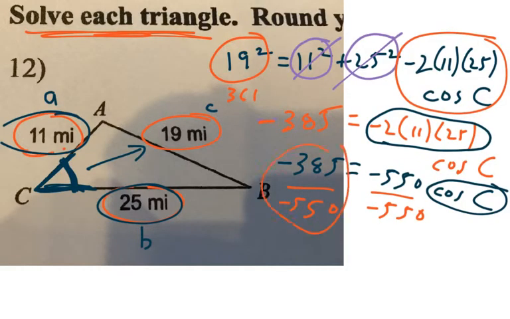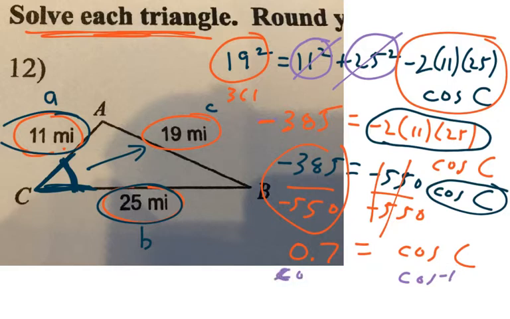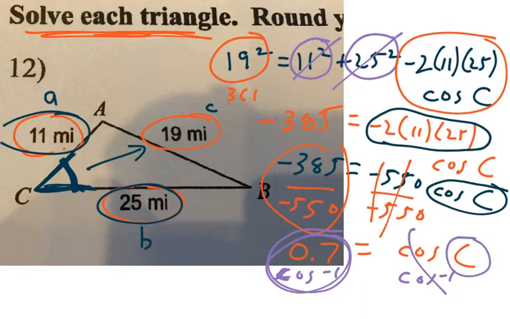So once I did this, I got 0.7 equal to cosine of C, which means all I had to do now was do a cosine inverse, right? Because that gets rid of the cosine. And so my C is going to be the cosine inverse of 0.7.